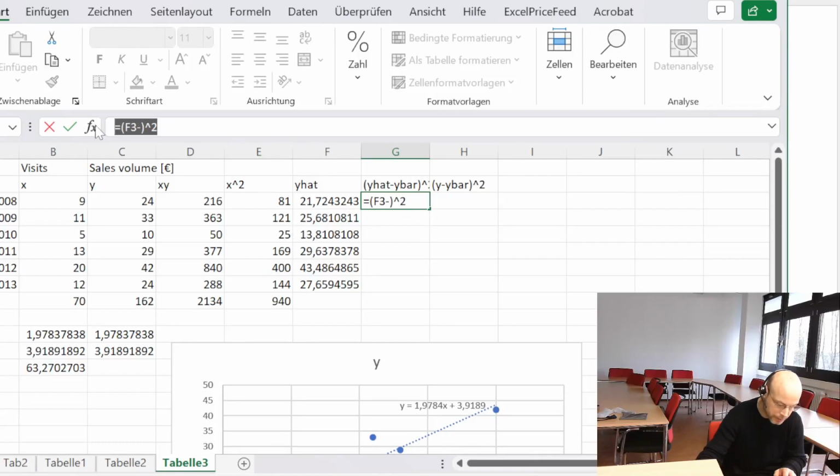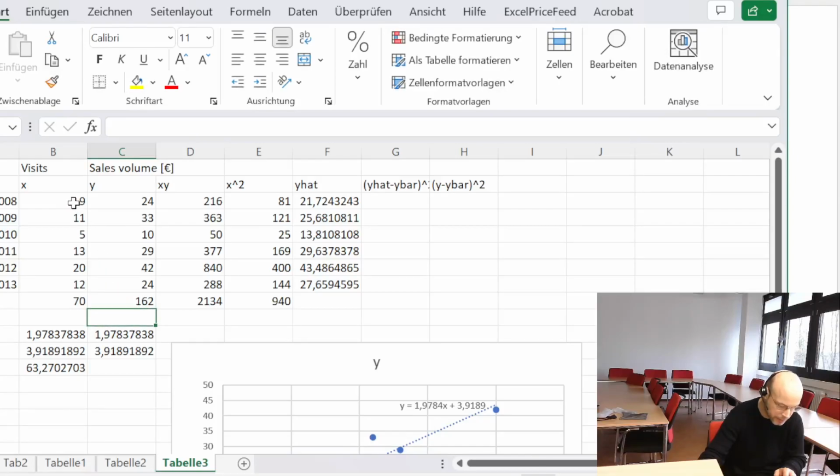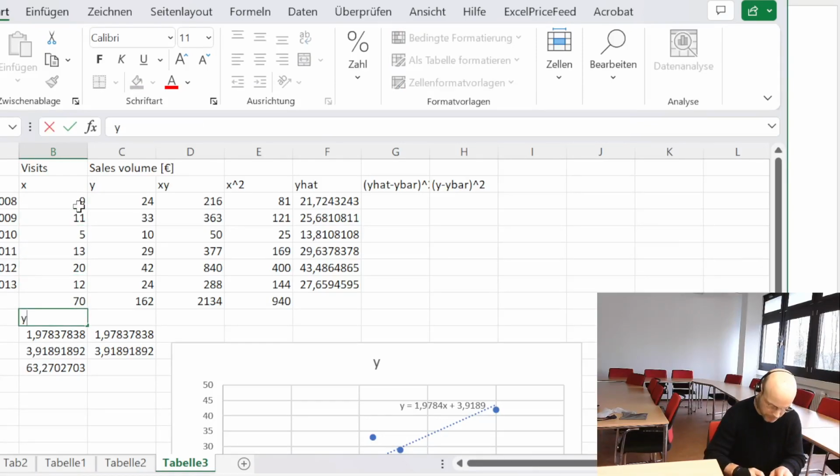So first I need to calculate y bar, and here we have the sum of y, divided by the number of our data points, and here we have 1, 2, 3, 4, 5, 6. So y bar would be 162 over 6.